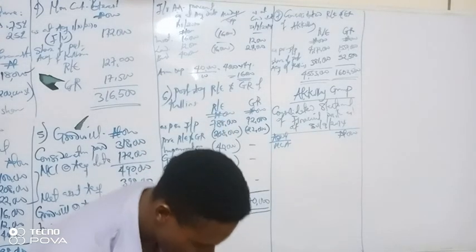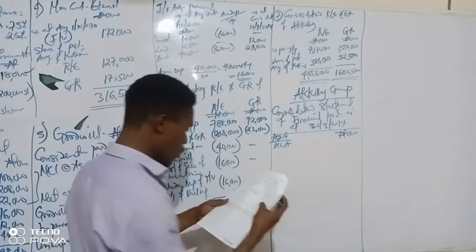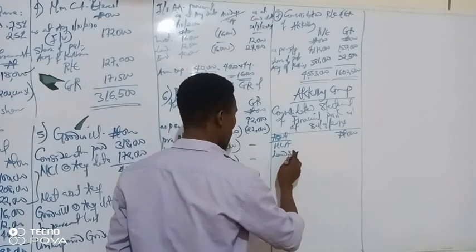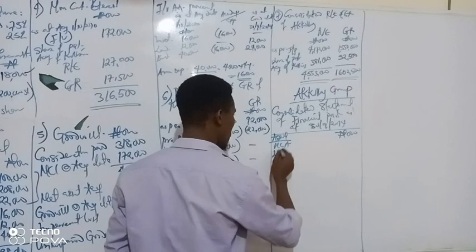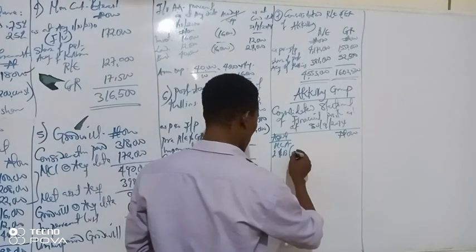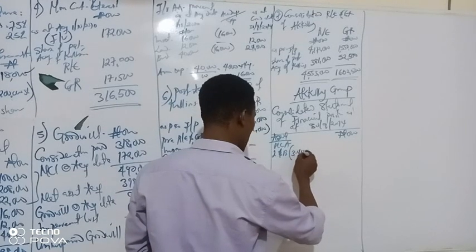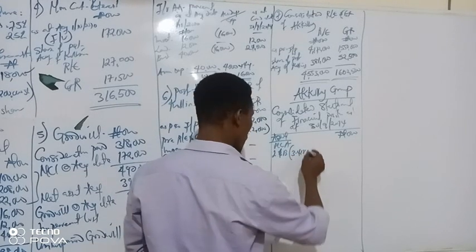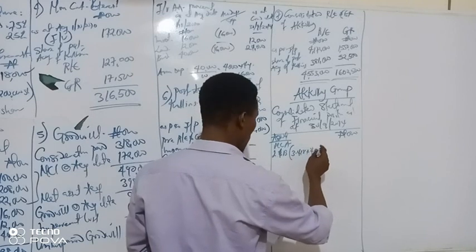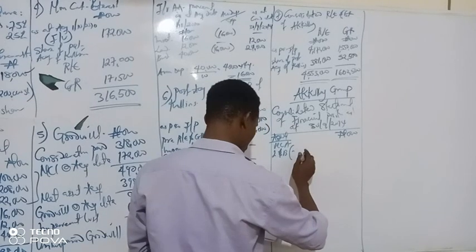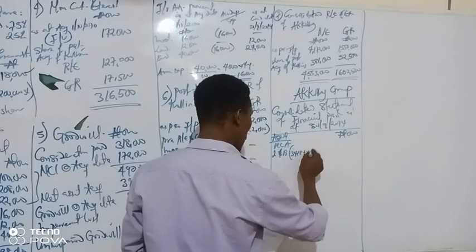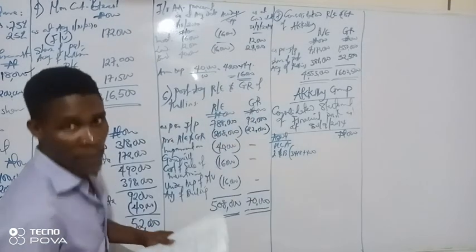How many assets do we have together? We have land and building. Parent owns 3,418 plus 400. Let me try that. 3,418 plus 400.